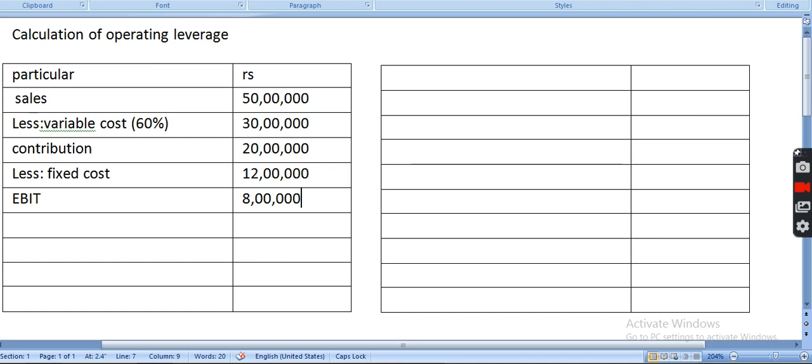Then you have to calculate operating leverage. You have to remember the formula. Degree of operating leverage is equal to contribution divided by EBIT.